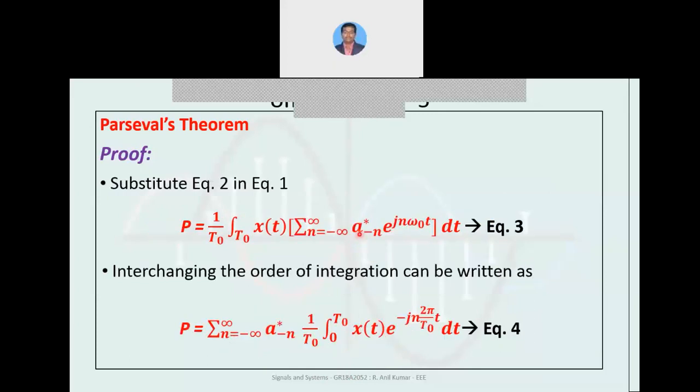Next, substituting the x conjugate term, we get equation 3, and rearranging the order of integration, wherever the t function is there, the integral can be represented across those terms. a suffix minus n conjugate is a constant, so it is kept outside the integration and the remaining terms are represented within the integration.